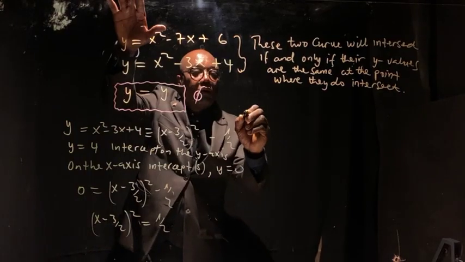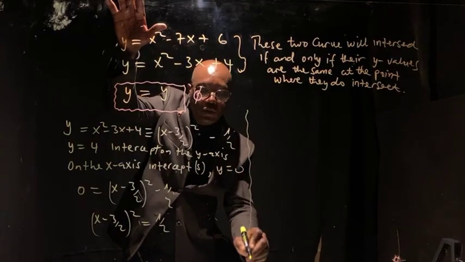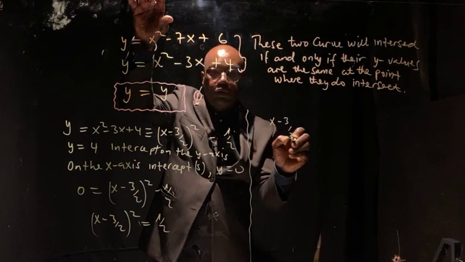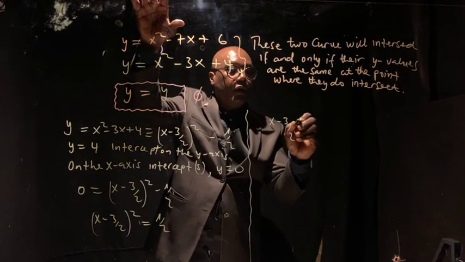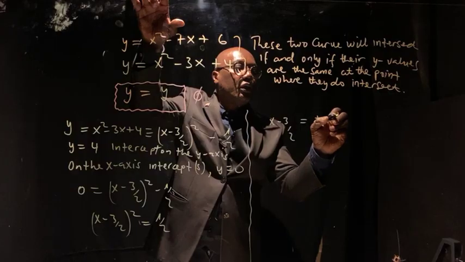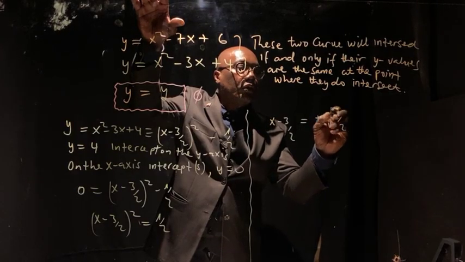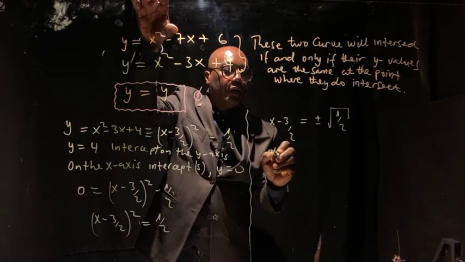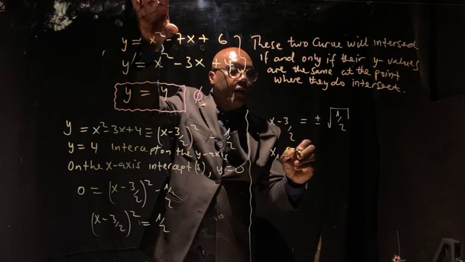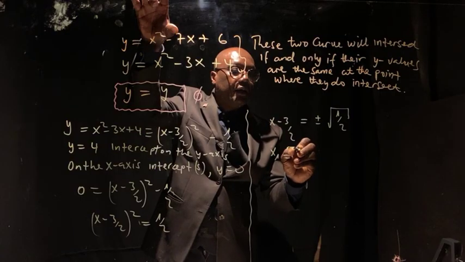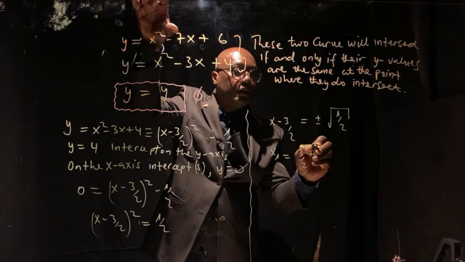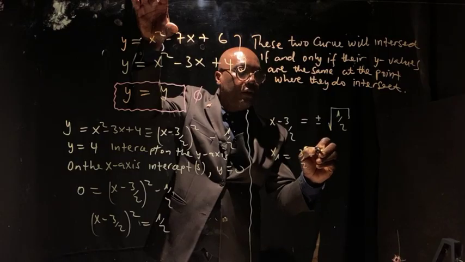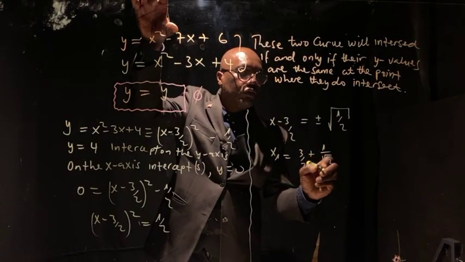If we continue, taking square roots on both sides, we have x minus 3 over 2 equal to plus or minus 1 over root 2, which indicates that x1 equals 3 over 2 plus 1 over root 2.